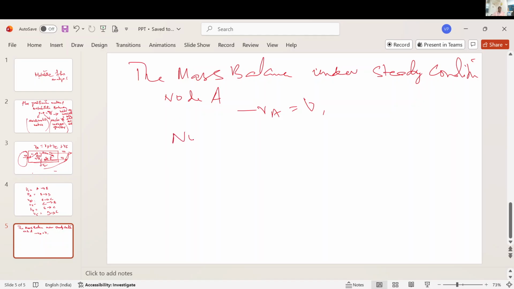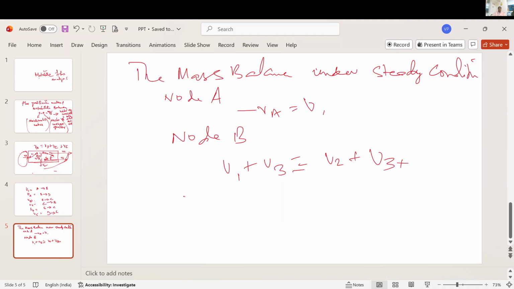Node B: V1 plus V3 minus is equal to V2 plus V3 plus. This is going to be minus, this is going to be plus.